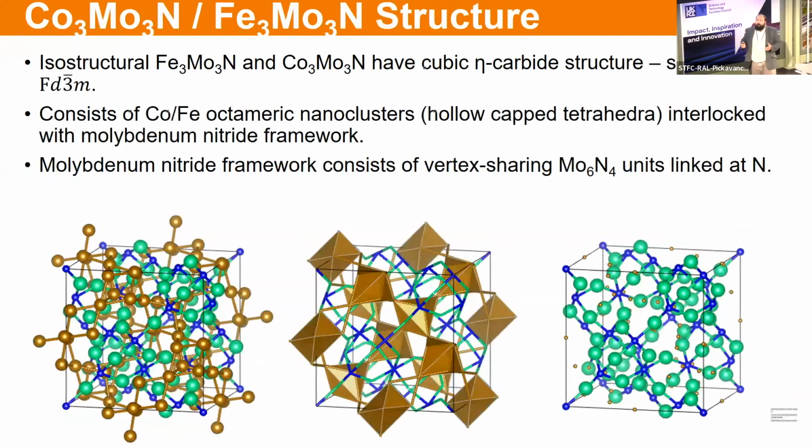So just to discuss a little bit more about the structure of these materials, they're quite an interesting structure. The iron and cobalt molybdenum nitride structures are isostructural, and they have a cubic η-carbide structure. You can see the bulk structure here. It's rather complex, but we can imagine this is a molybdenum nitride framework with these metal octamers interlocking.